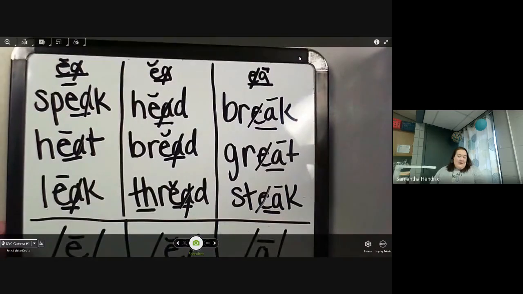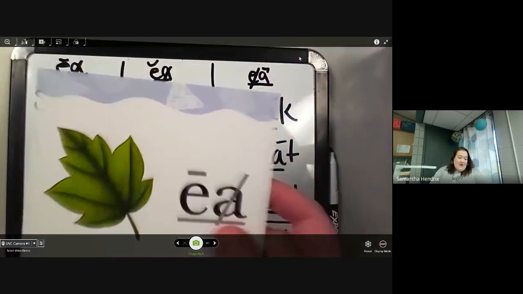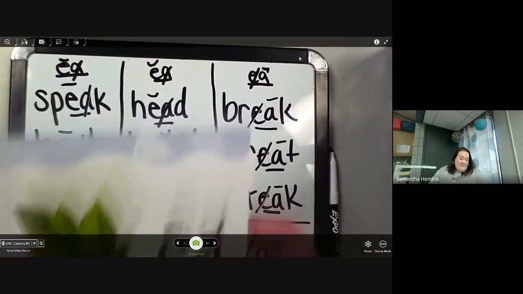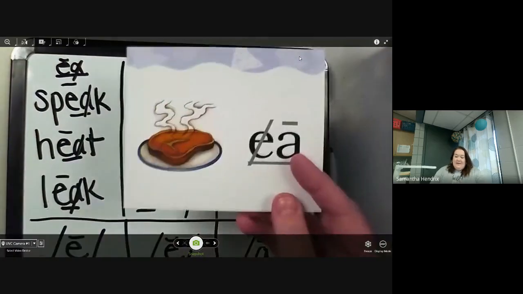So whenever I show you these picture cards, I'll show them in the same order because this is the most common. This is the second most common. This is the least common. Okay.